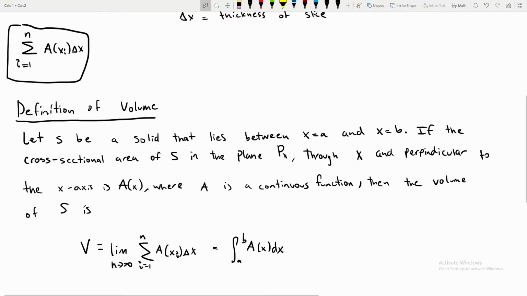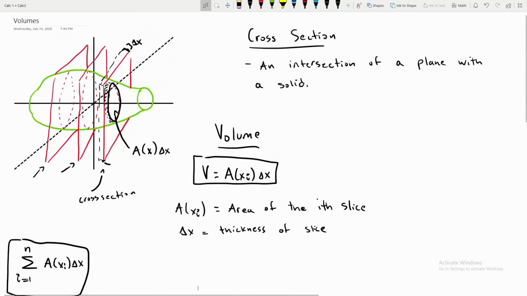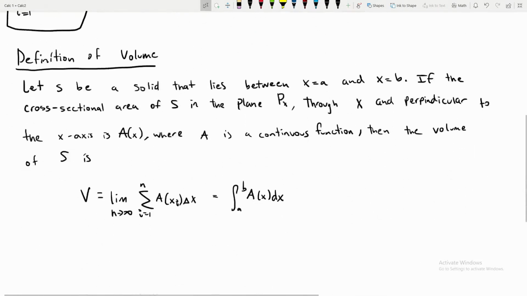So here is the official definition of volume. We let S be a solid that lies in between x equals a and x equals b. Relating it back to our image, x equals a might be somewhere here. These are the starts and ends of where this solid is. So this might be x equals b, and this would be x equals a. So the solid lies in between those two x value extremes.